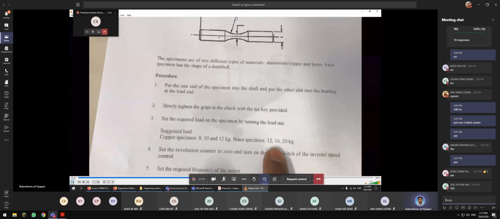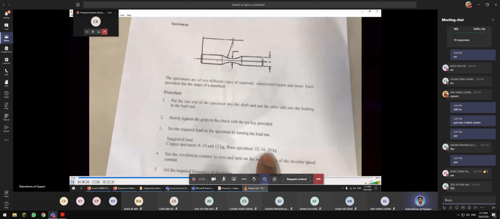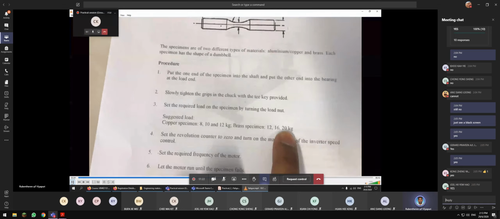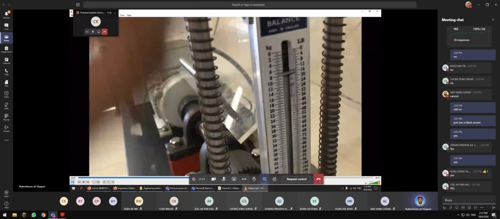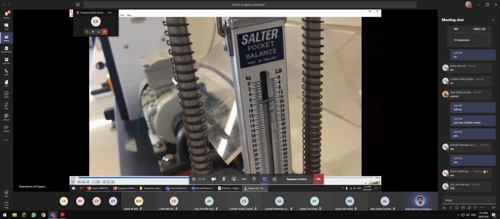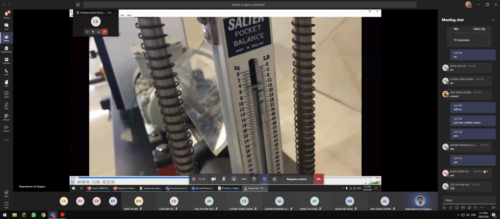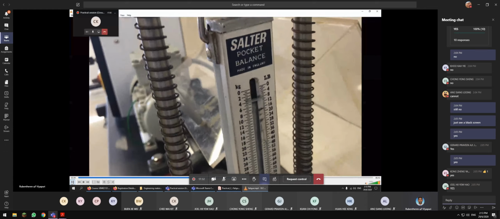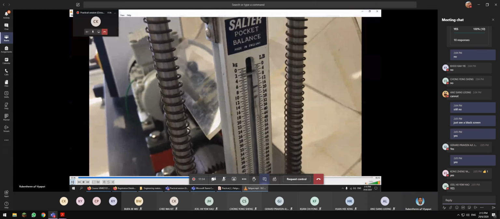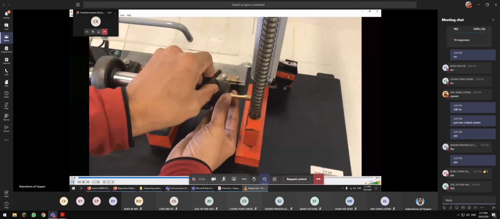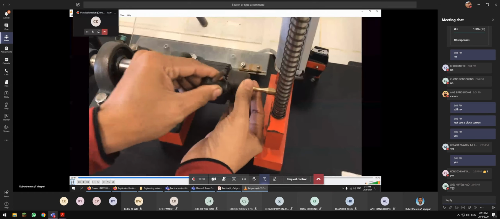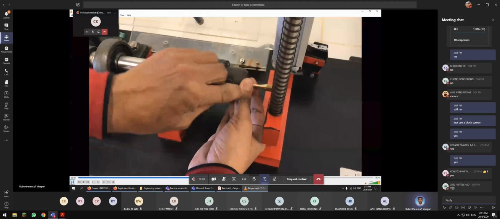For brass specimen, you have 12, 16, and 20 kilo. Set the load accordingly. So for this experiment, I'm going to test with 20 kilogram. Tighten your specimen.